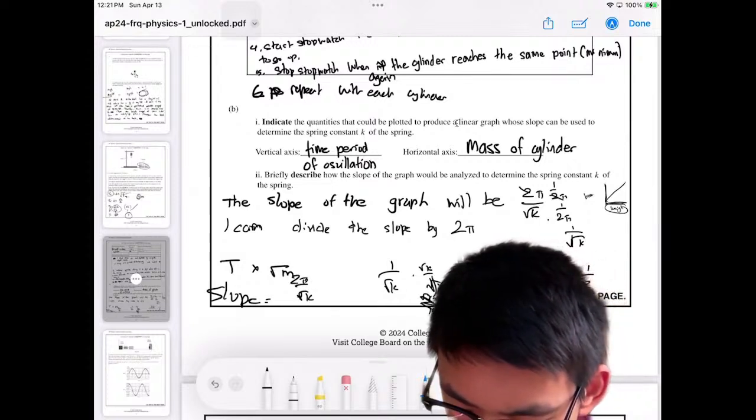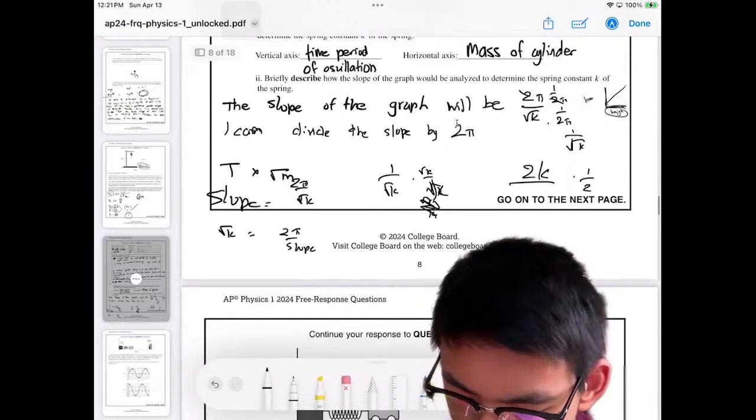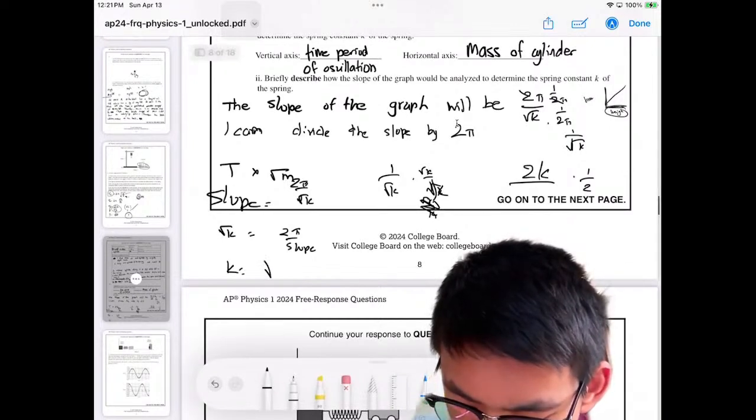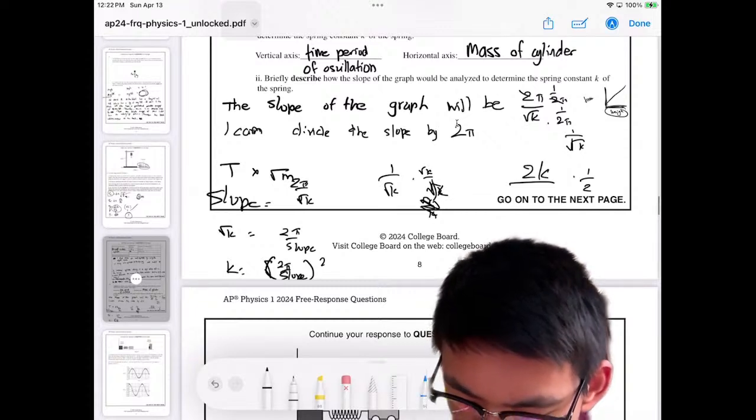So rad k equals 2 pi over slope, and then square both sides. So k equals 2 pi over slope squared.